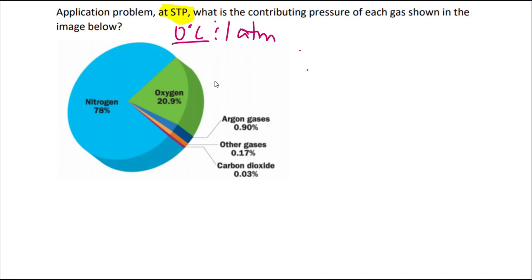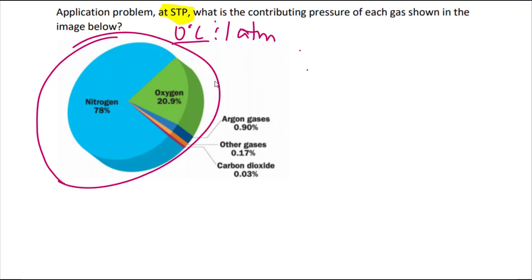We also know that 1 atmosphere could be 760 millimeters of mercury, 760 torr. We could go to pounds per square inch, but 1 atmosphere is, let's be honest, the easiest one to use right now, so let's use that. So we know that in this image, this is a whole unit. So we want to know the contributing pressure of each gas if this whole thing is 1 atm.